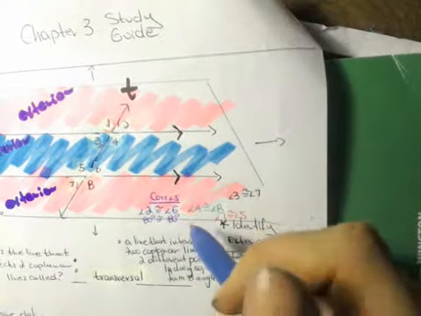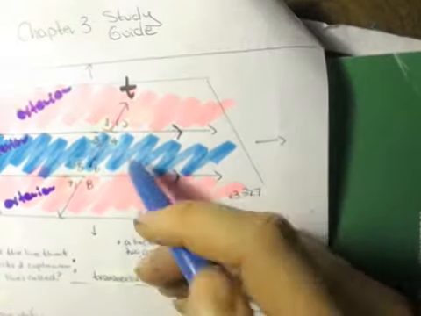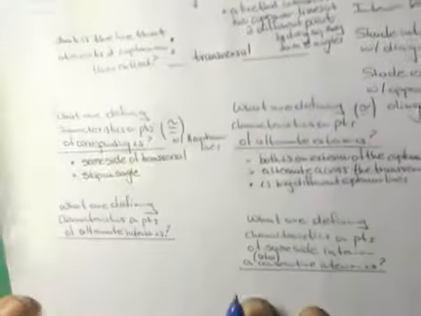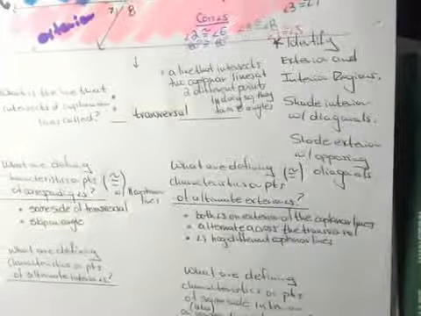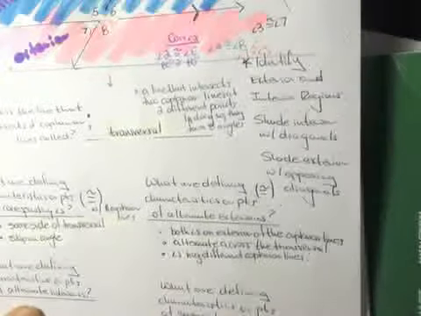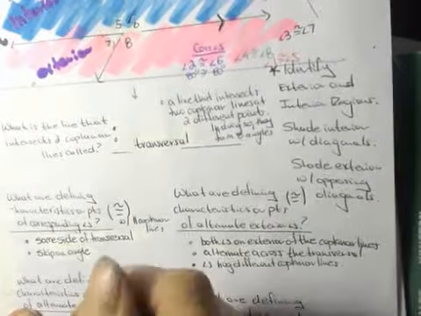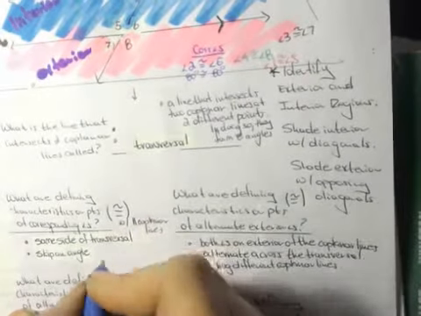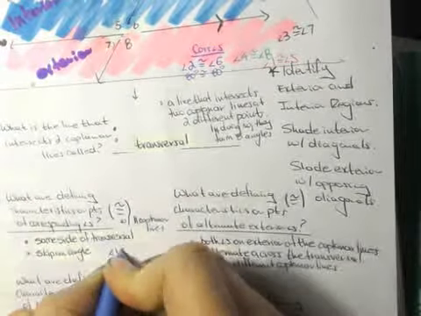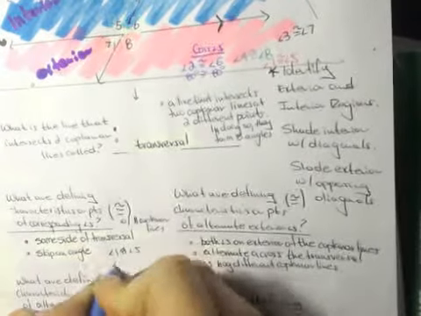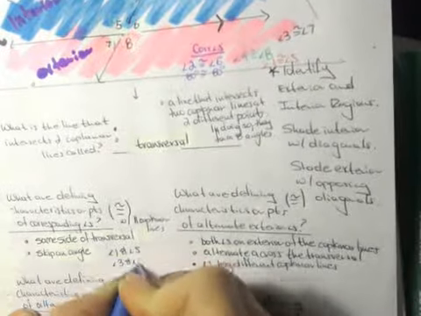Alternate interior angles. Okay, so they're interior angles. What defines alternate interior angles? So right here, for corresponding, we could say angle 1 and angle 5, angle 3 and angle 7.